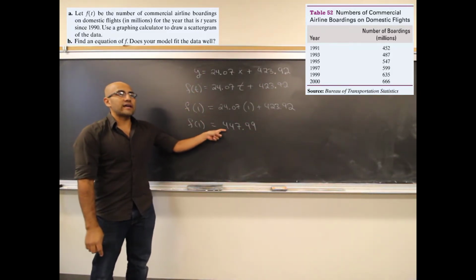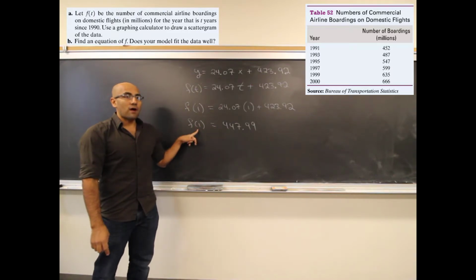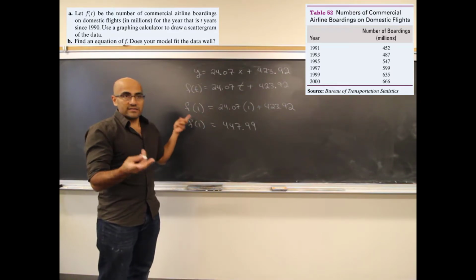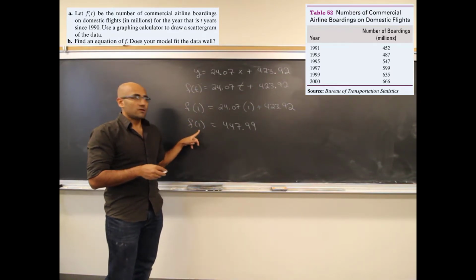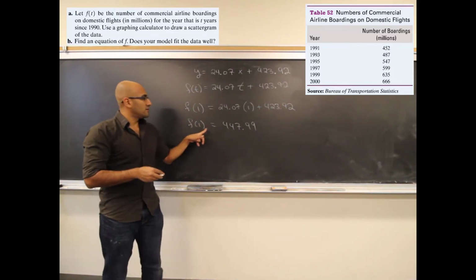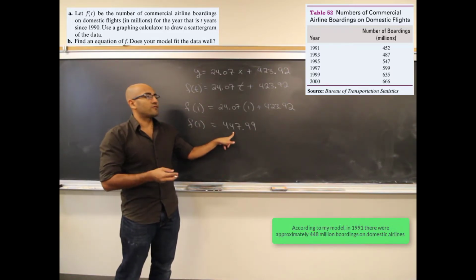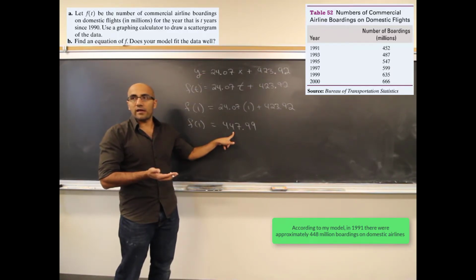Okay, so what is this saying? According to my model, which is a fancy way of saying my best guess, in the year 1991 there were 447.99, pretty close to 448 million boardings on domestic airlines.